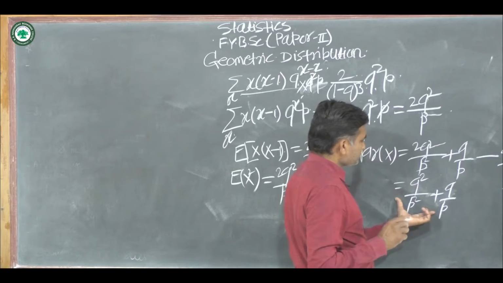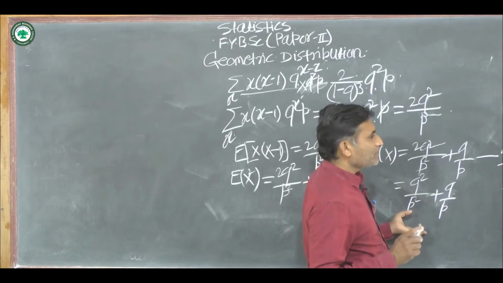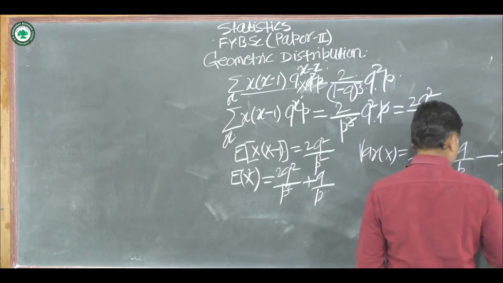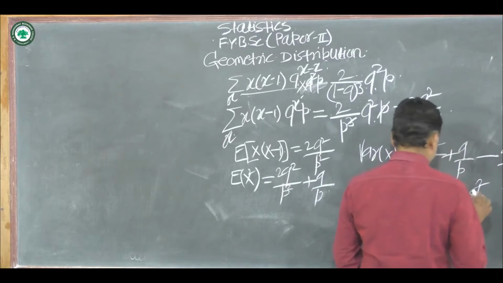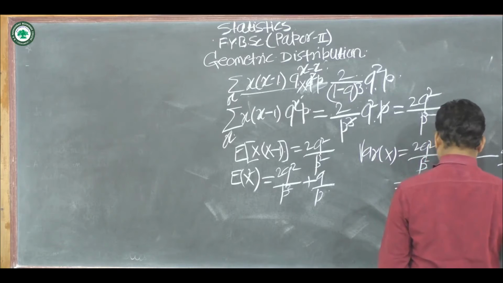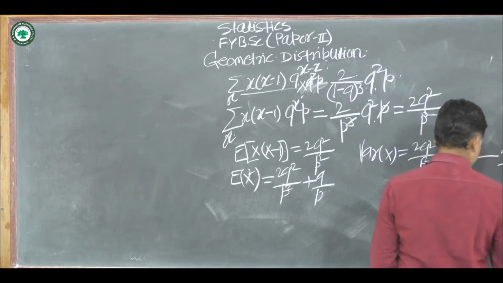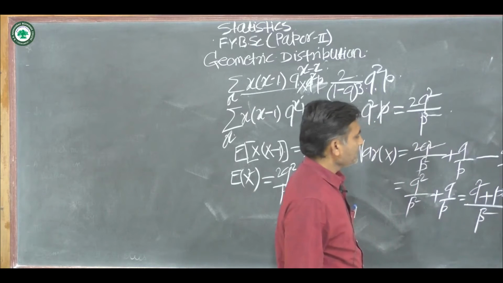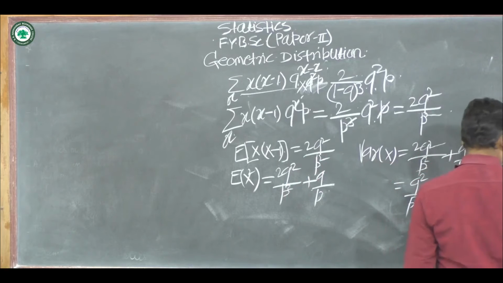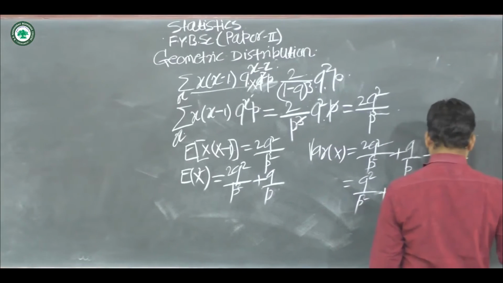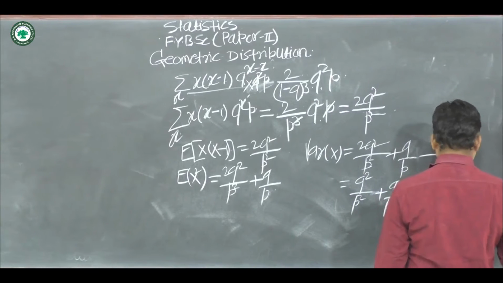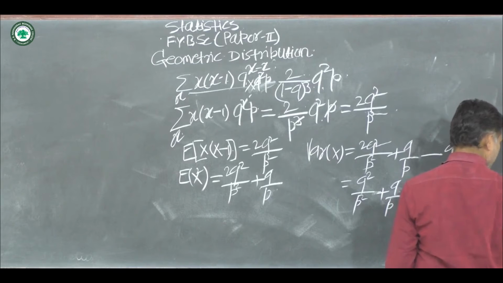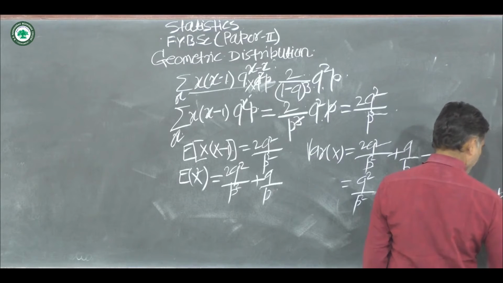Now simplify this. First we make the denominator of these two terms the same. Then we have q square plus p into q upon p square. Now take q common from both terms, then we have q into (q plus p) upon p square.